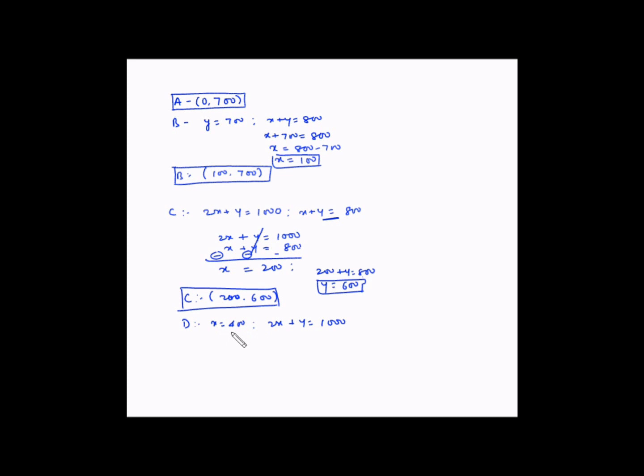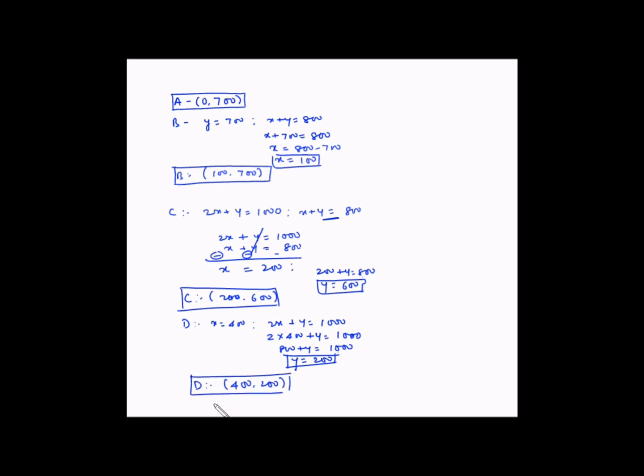So if we put x as 400 in this equation, we get 2 multiplied by 400 plus y is equal to 1000, or 800 plus y is equal to 1000, or y is equal to 1000 minus 800, which is 200. So the coordinates of point D are 400 and 200.